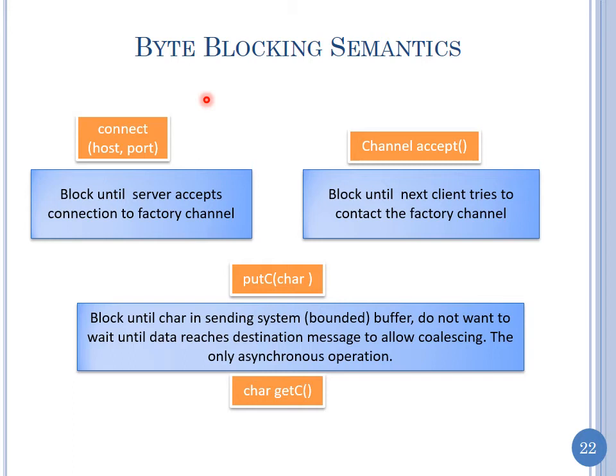The message will go from here to this end, it'll get accepted, and the connecting party will wait. As soon as the message arrives, a new connection is established, and at that point the acceptor unblocks. And when the acknowledgement arrives here, the party that initiated the connection, the client, unblocks.